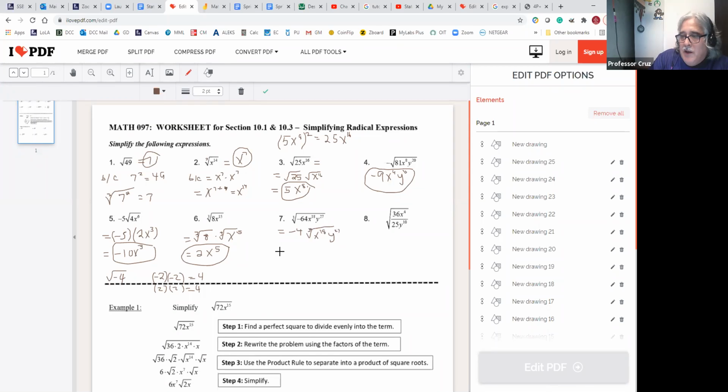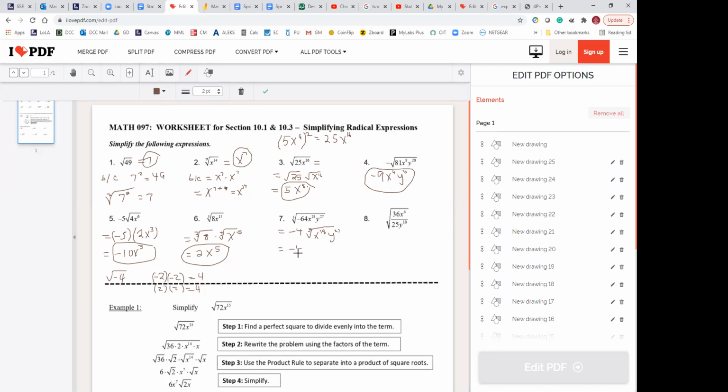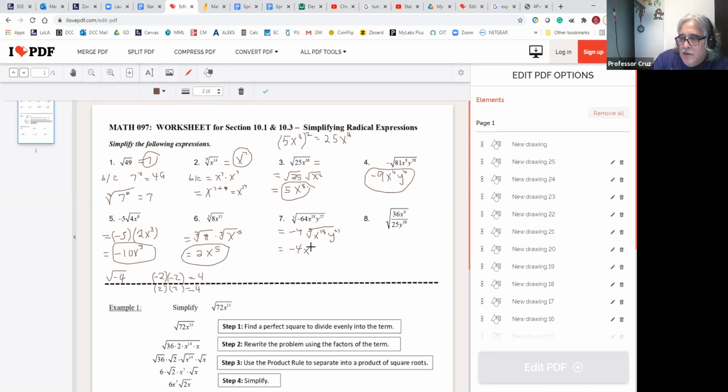Now 3 goes into 18 six times, so x to the 6th. 3 goes into 27, so there we got it. And you can test that and see that you will get the negative 64.